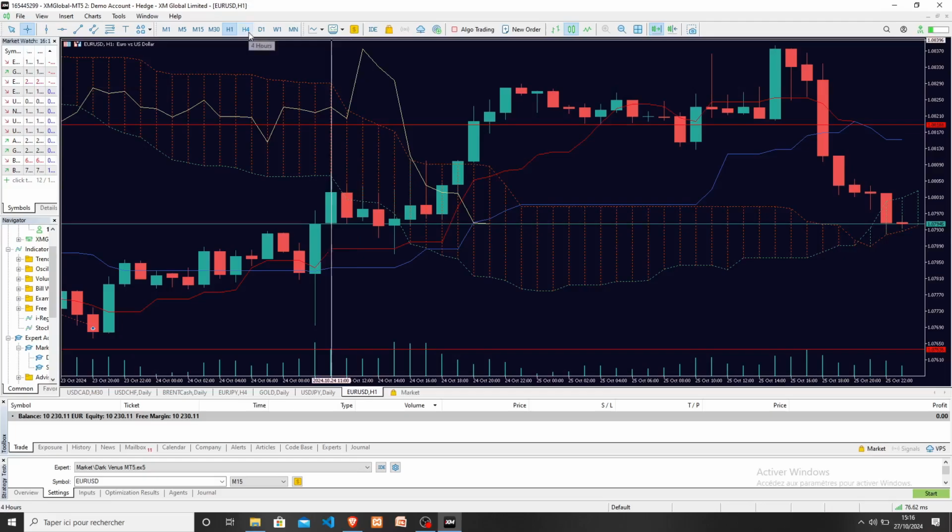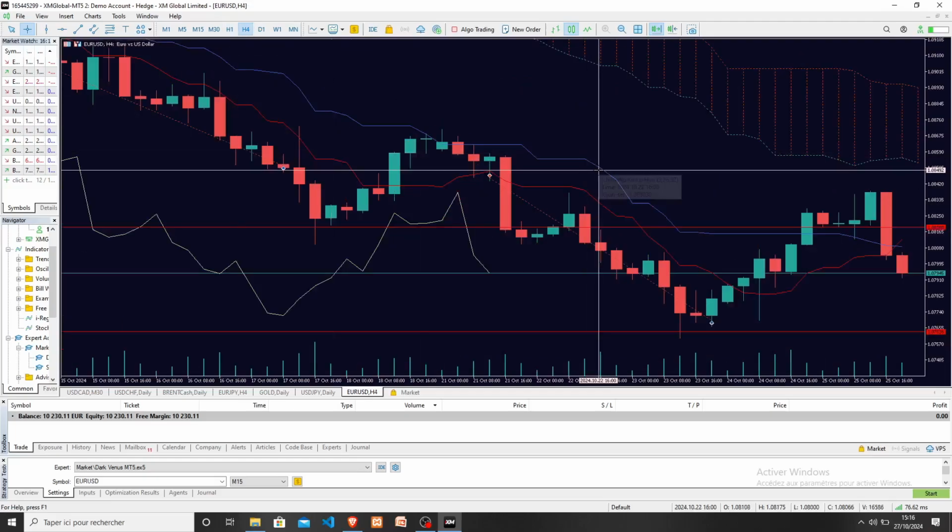Currently, I trade mostly in the 4-hour time frame because it provides a sweet spot between a trustworthy signal, a trustworthy price action, and at the same time, it doesn't require you to be in front of the screen the whole time. And also, you can start with a moderate capital. It doesn't require you to start with a huge capital.